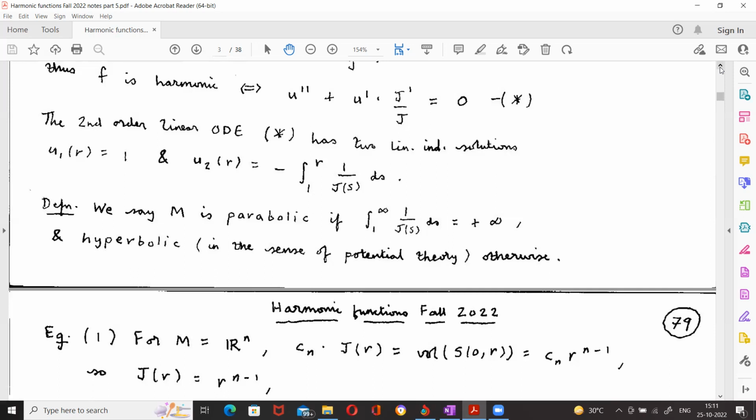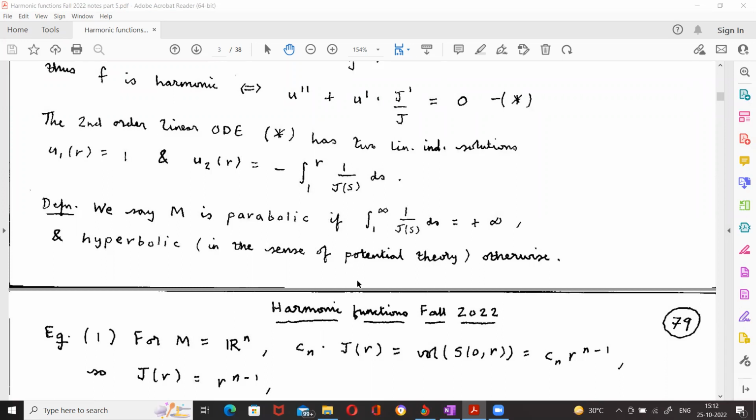So one has to be a bit careful that existence of superharmonic functions does not imply existence of positive harmonic functions. That's not true. Non-constant, of course. Yeah, it can be shown. But for n greater than or equal to 3, you do have positive superharmonic functions. Okay. Right.